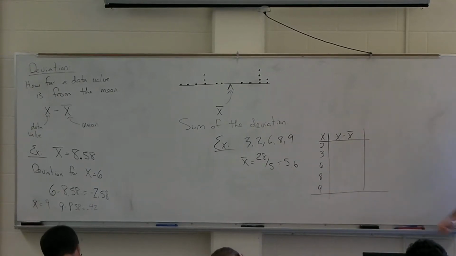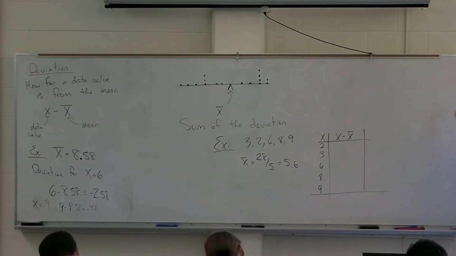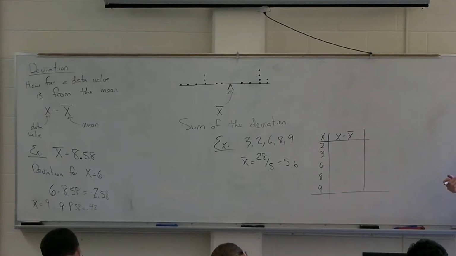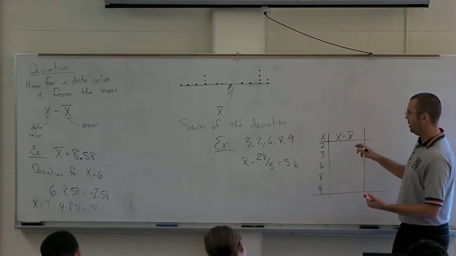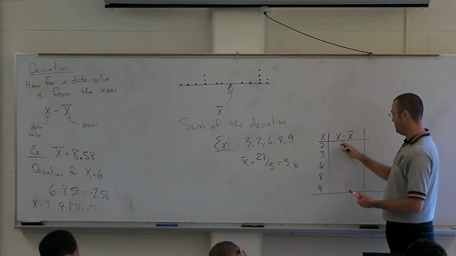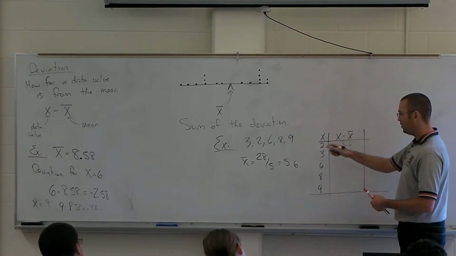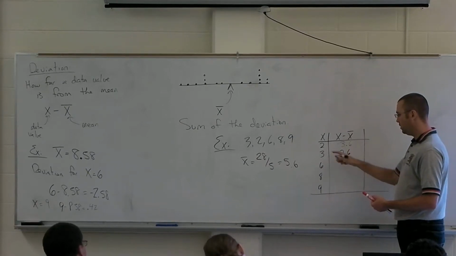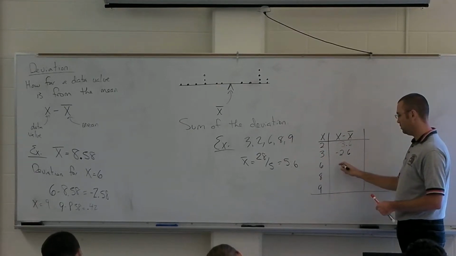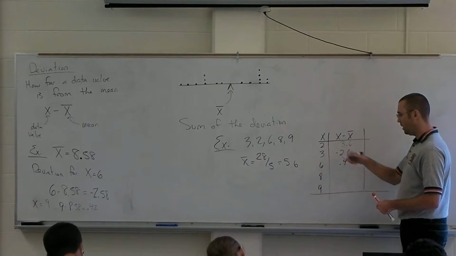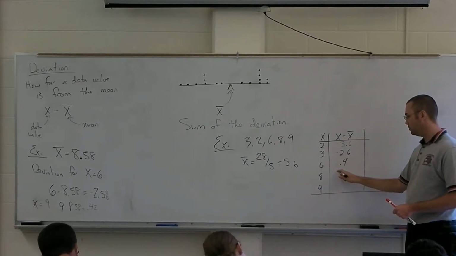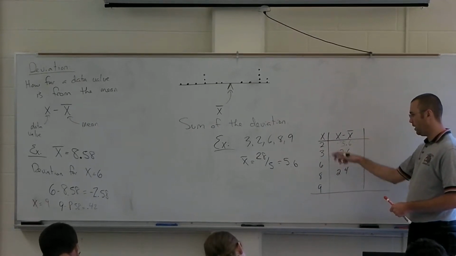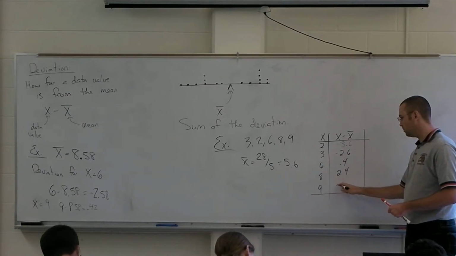Now I'll fill in the middle column. 2 minus 5.6 is negative 3.6. 3 minus 5.6 is negative 2.6. 6 minus 5.6 is 0.4. 8 minus 5.6 is 2.4. And 9 minus 5.6 is 3.4.